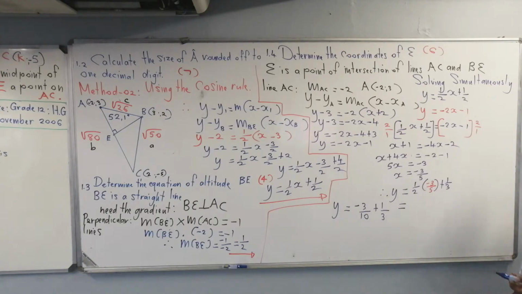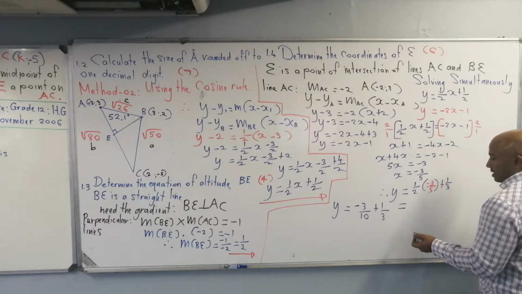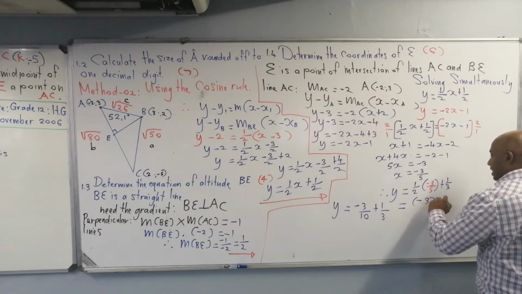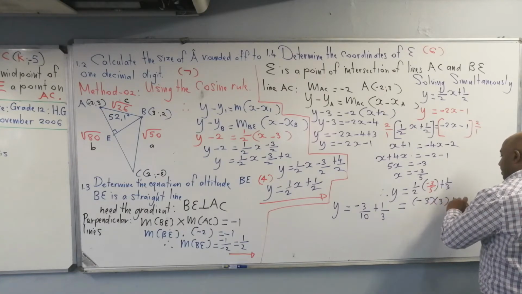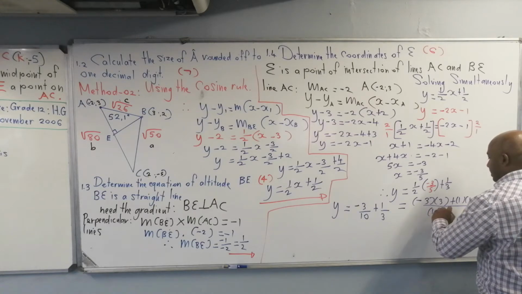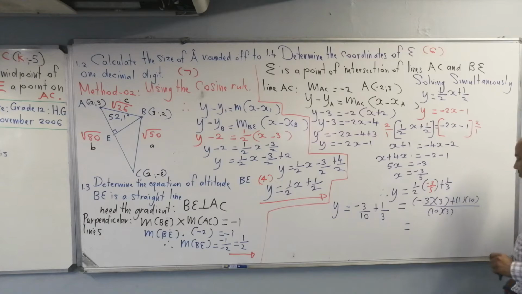LCD there will be 30. So yes, the LCD will be 30 there. That's going to be minus 3 times 3 plus 1 times 10 over 10 times 3, which is going to be minus 9.